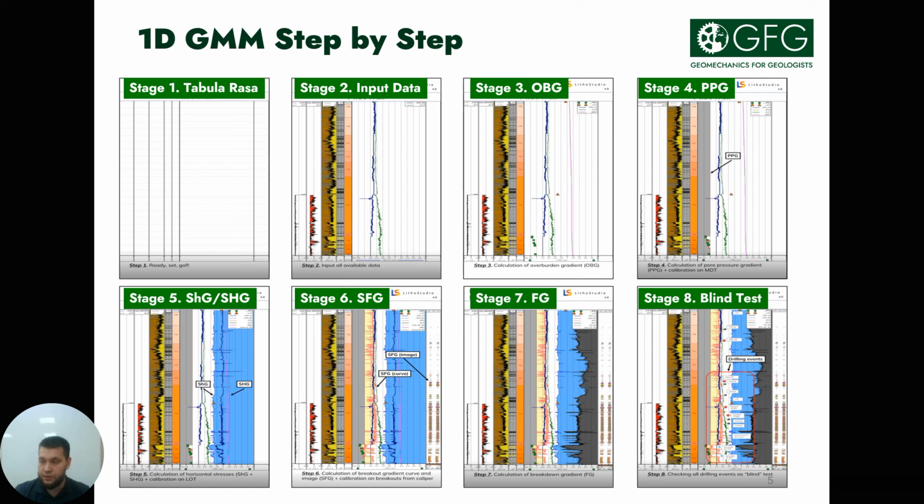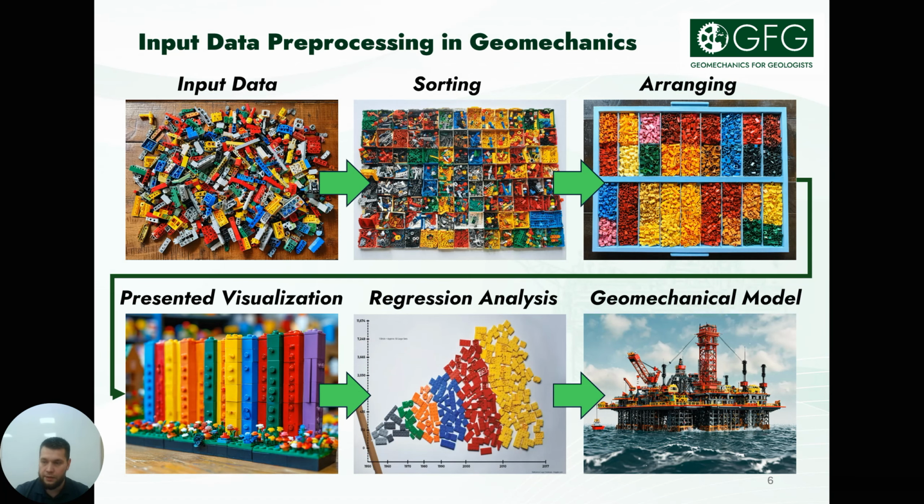And the main parameters for calculating borehole stability are shear fracture gradient and fracture gradient. The model is then calibrated on various materials such as drilling events, caliper, gas readings, cuttings, cavings, etc. In this presentation we will talk about the preparation of initial data for geomechanical modeling.